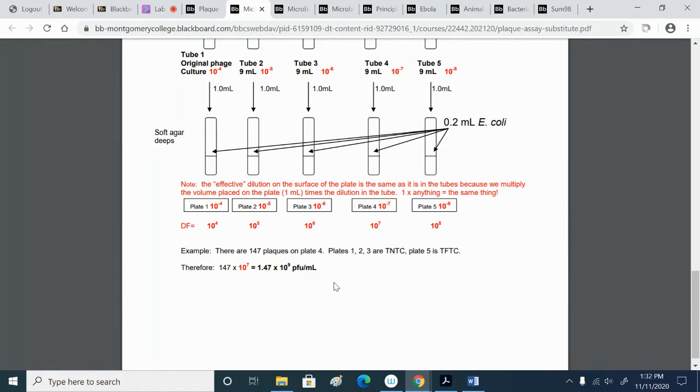And does anybody know the fancy word they use for concentration when it comes to viruses? They have a separate word they use instead of concentration, and it's a smaller word. Anybody have any idea what that word is?